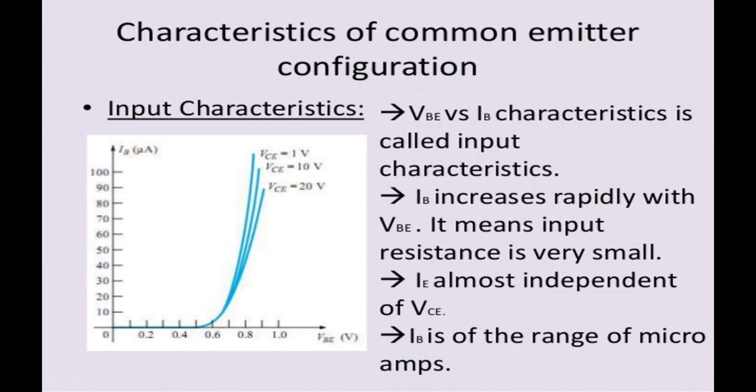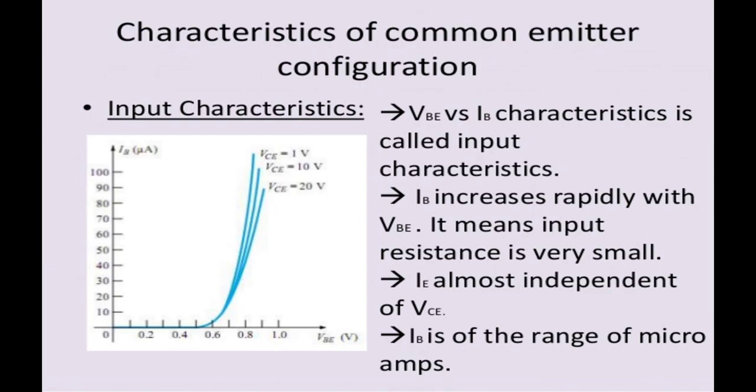Here the important parameter is that the semiconductor, silicon or germanium, operates around 0.7 V.